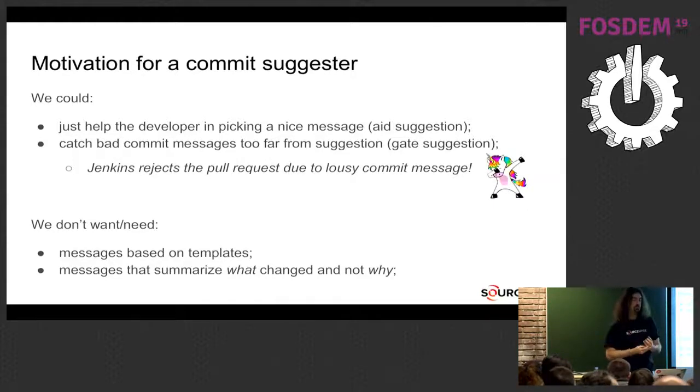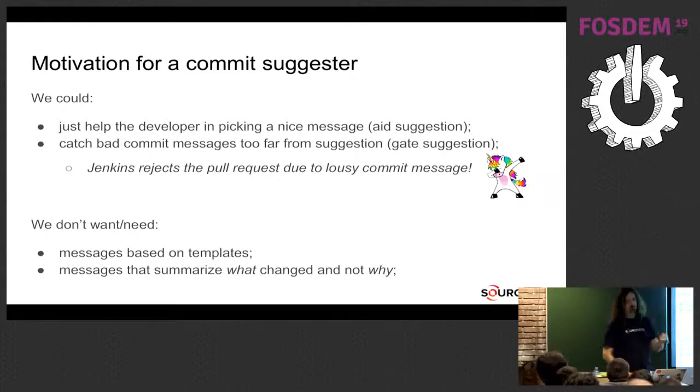Or for example, we want to catch bad commit messages. Just imagine if your Jenkins pipeline was able to reject pull requests based on the lousy commit message that was attached. I think we have all been there, right? So it would be nice if we had an automated way to generate messages, to use as similarity metrics for how good a commit message is.